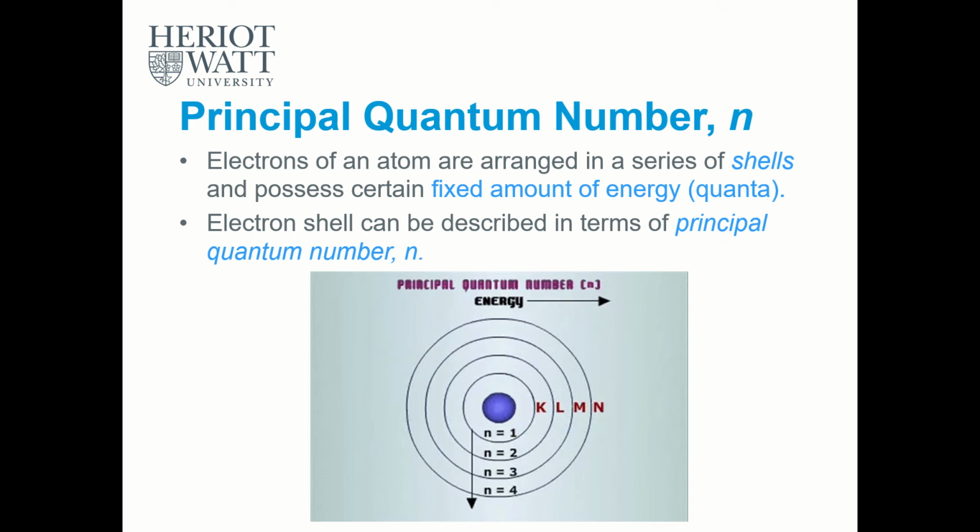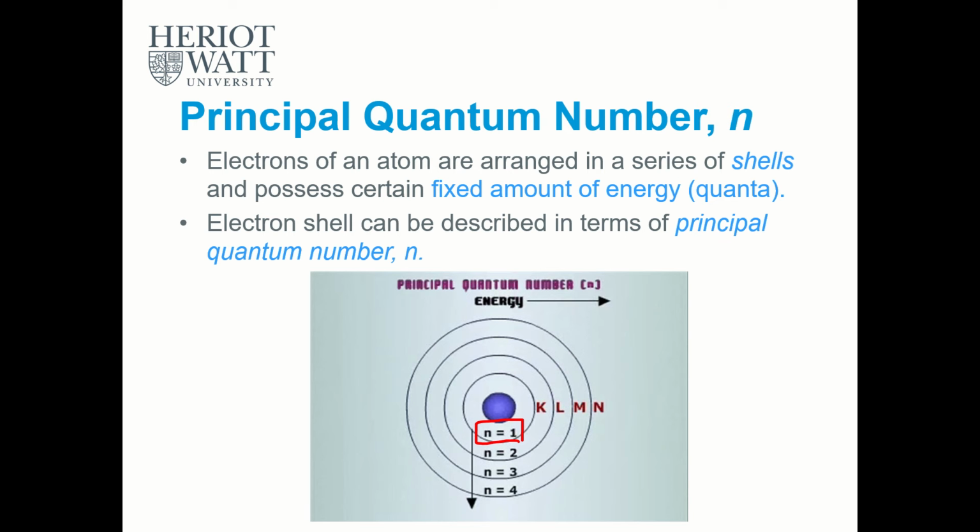When they're moving further away from the nucleus, the energy value of an electron, or the energy value of the electron shell, is expected to increase. Okay, like shown in the diagram here, n equals 1 indicates the first shell from the nucleus, and the smaller the principal quantum number, the lower the energy.